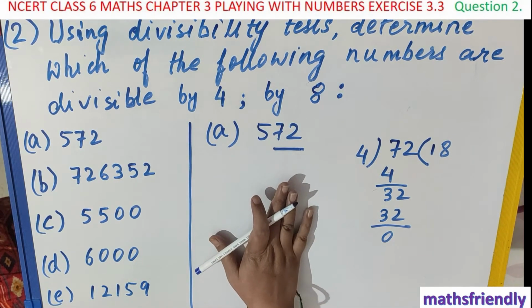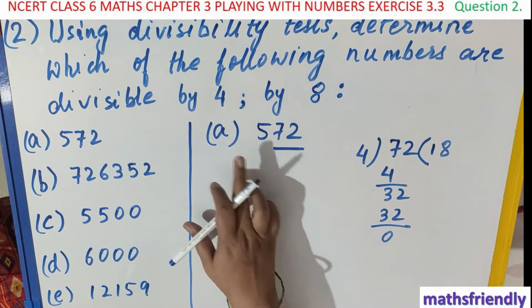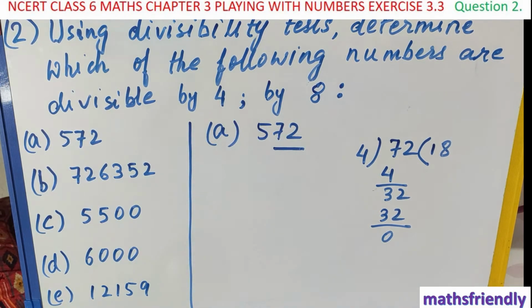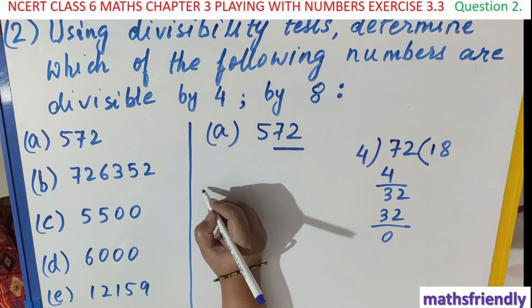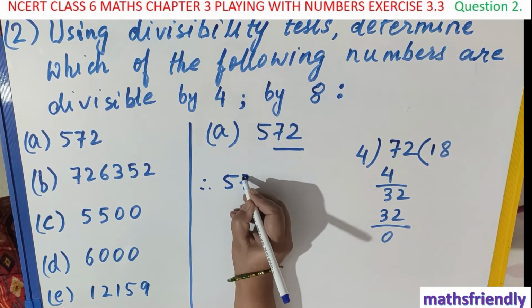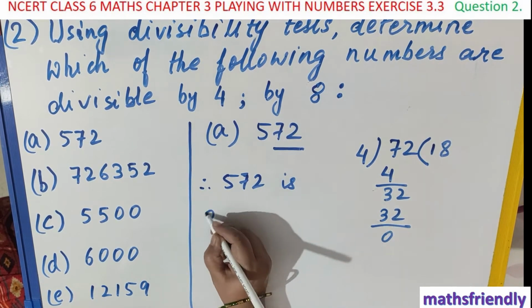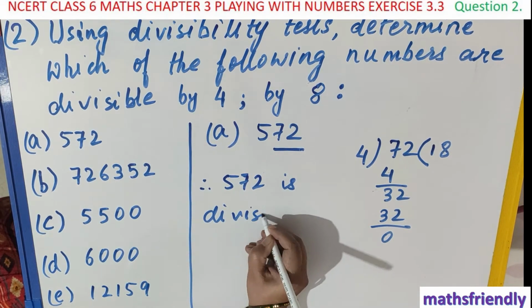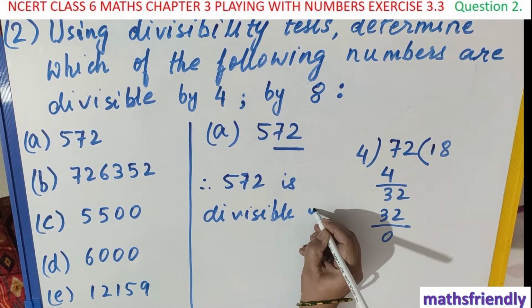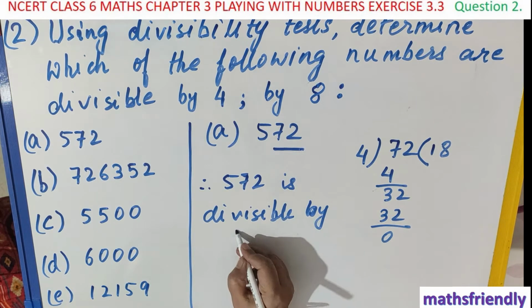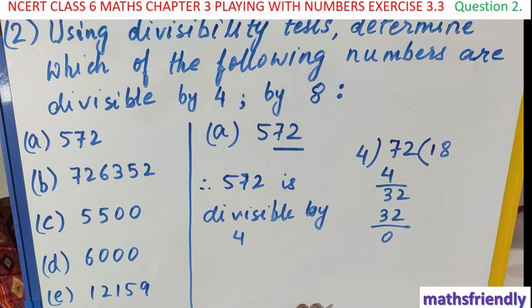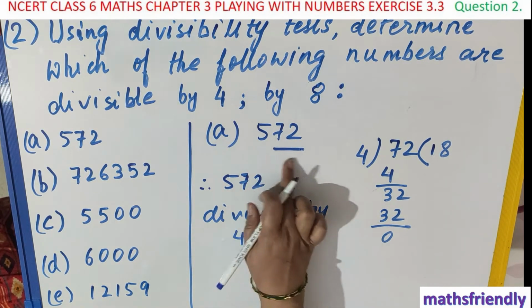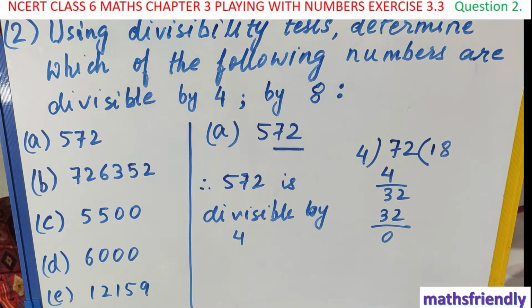This is the divisibility test of a number by 4. Okay, so what can we write? We can write that therefore 572 is divisible by 4.